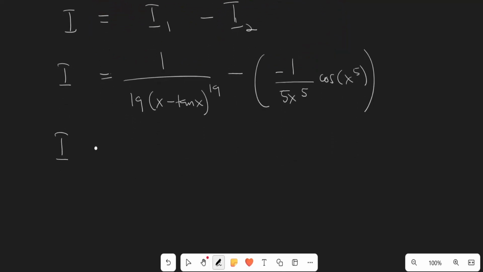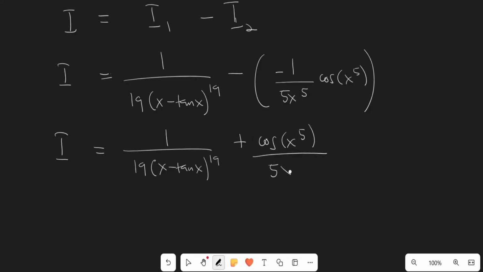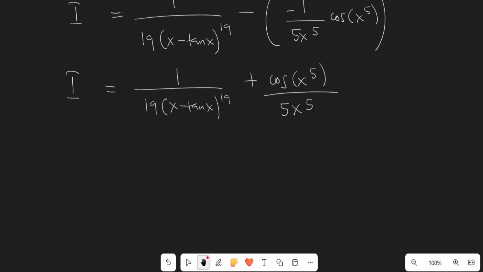And therefore I is going to be 1 all over 19 x minus tan of x to the 19th power plus cosine of x to the 5 all over 5x to the 5.